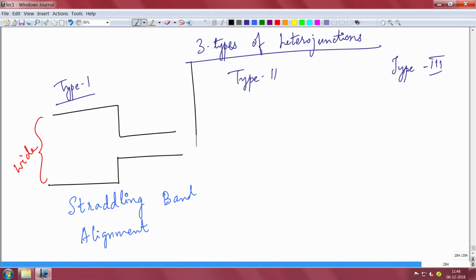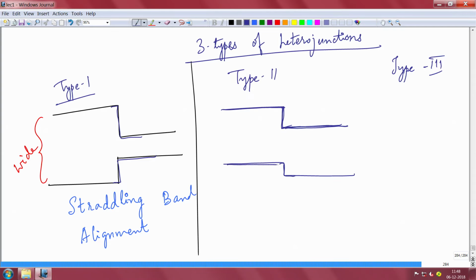Then we have type 2. What is type 2? In type 2 you will have something called staggered. So you will have something like this, and then you will have something like this probably. You see here you have a step in the conduction band coming down, the valence band also has a step here, but the second material's electron affinity is a little higher, so you have a step like this, but the valence band also steps down.